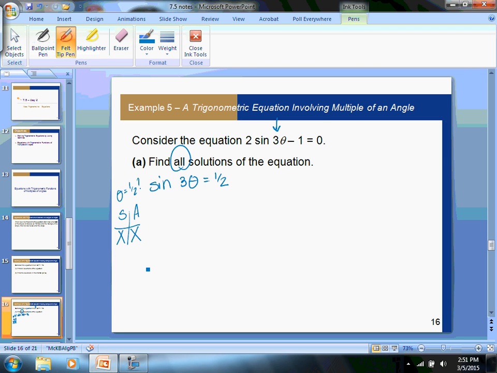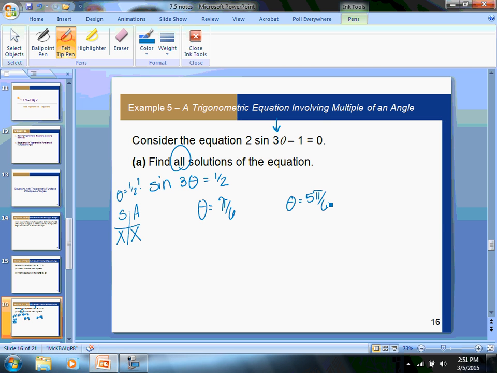I need the first and the second quadrants so that my sine value can be positive. Well, if this was just regular old theta, I would say it's going to be pi over 6 and 5 pi over 6 in the second quadrant. Those are the radian values that have a terminal point that have a sine of 1/2.